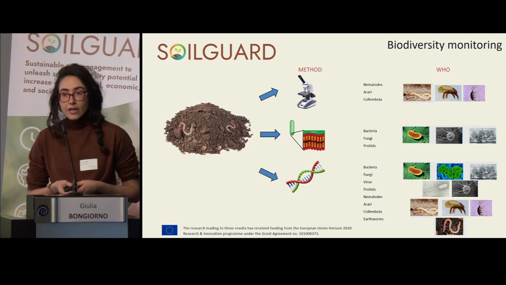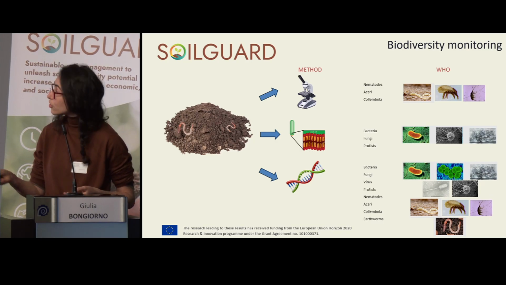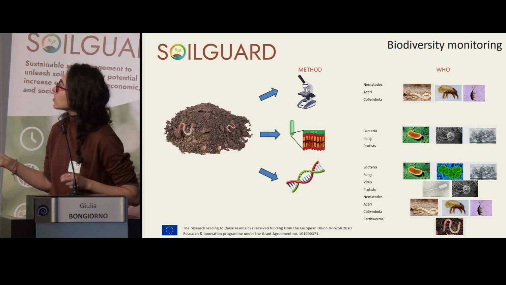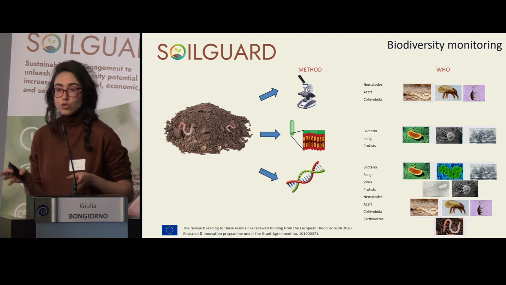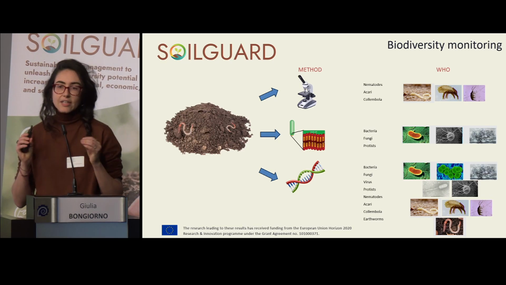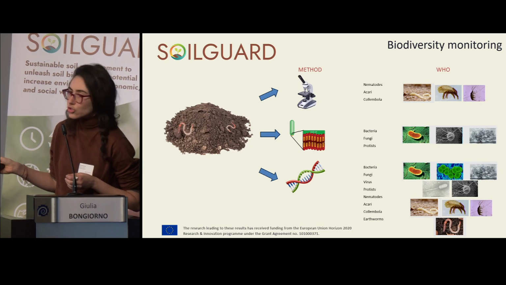So for SOILGUARD, we use 3 different methods, depending on the indicator. We use more golden standard morphological methods for nematodes, acari, and collembola, which are micro and mesofauna. We use PLFA, the characterization of the quality of the membranes, for bacteria, fungi, and protists.